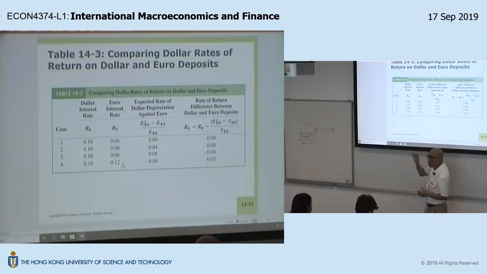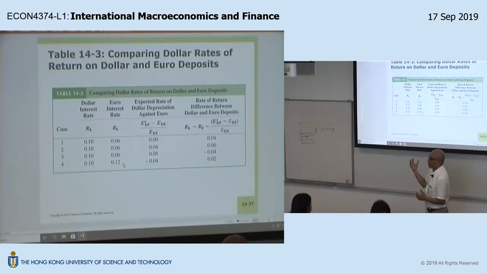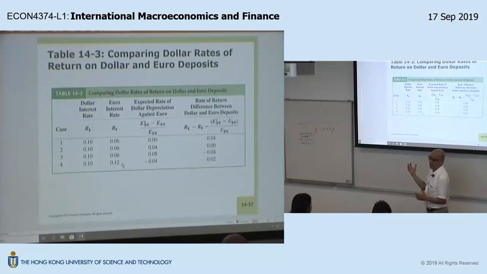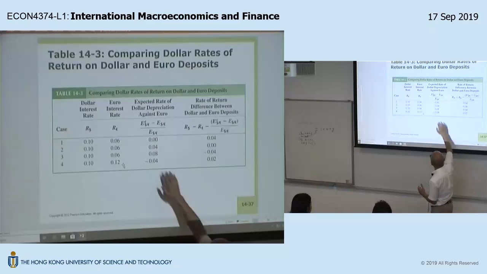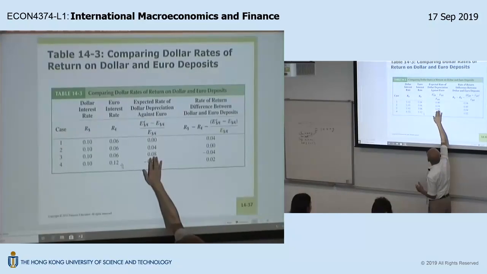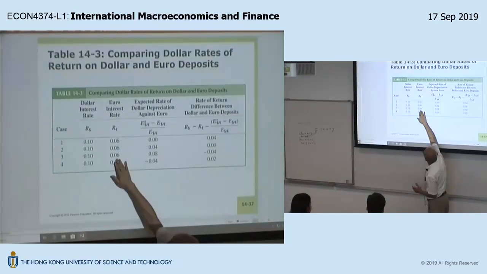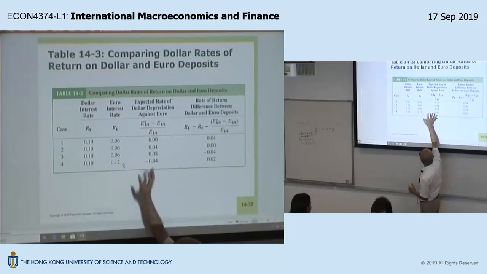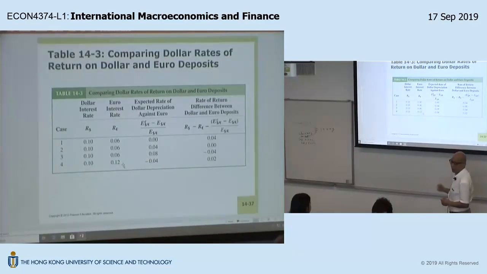The third case is the same interest differential, but the euro is expected to appreciate by 8%, which makes it very attractive from an expected value point of view. Because of that, if you add this with this, it's actually higher than that. Therefore, you actually want to keep euro deposit in this period.